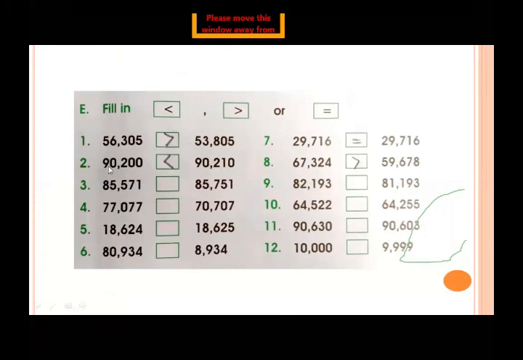In the same way here both the 1,000 and 10,000 are same, hundreds are also same. We have to see the digits at the 10s place. Here you see that 1 is greater than 0, we put the sign pointing towards 0. In the same way here you see both the numbers are equal, so you put the is equal to sign here. In this way you will do and complete this exercise.